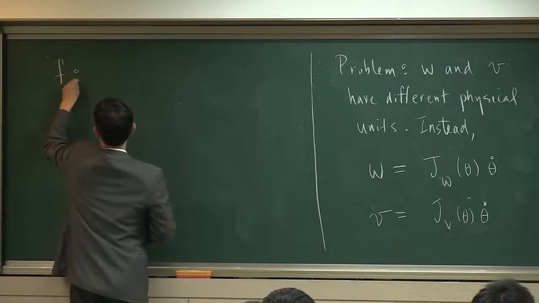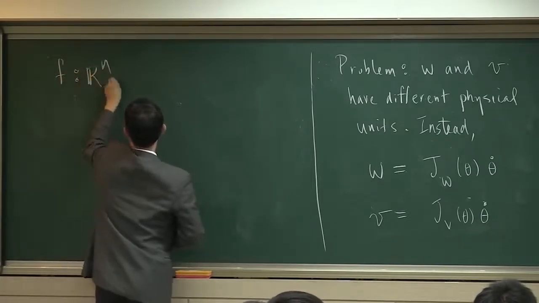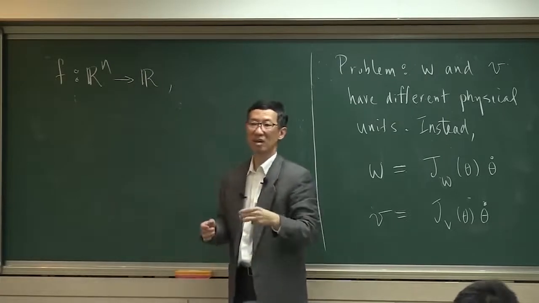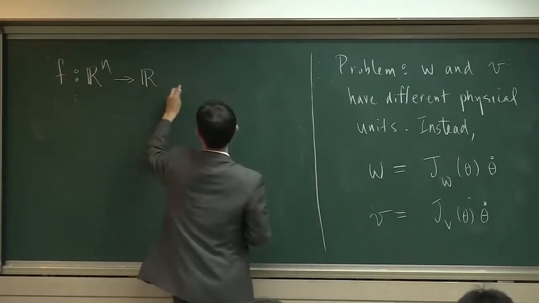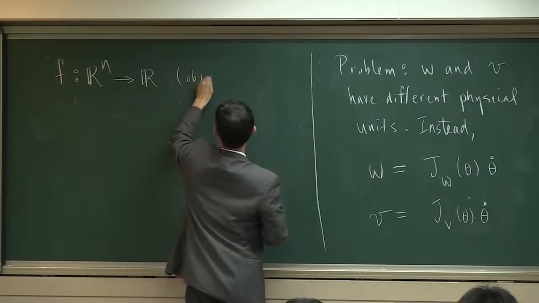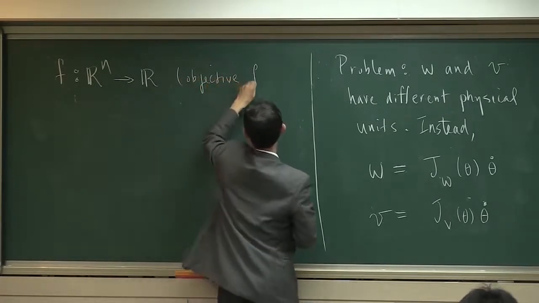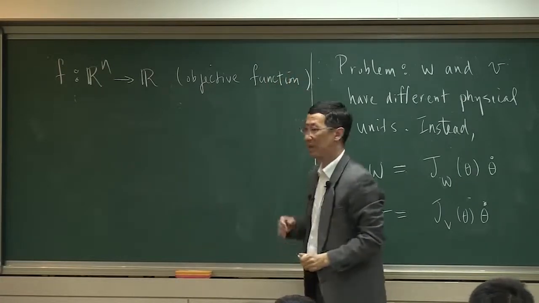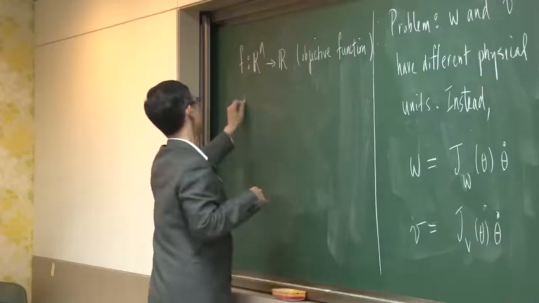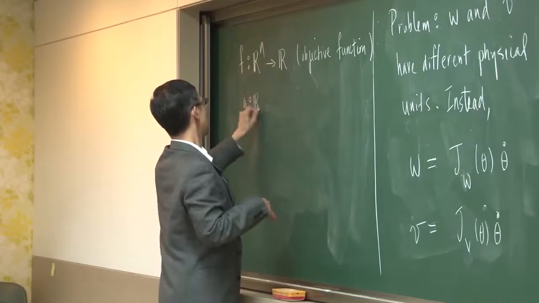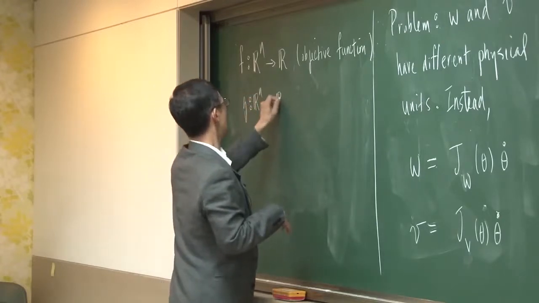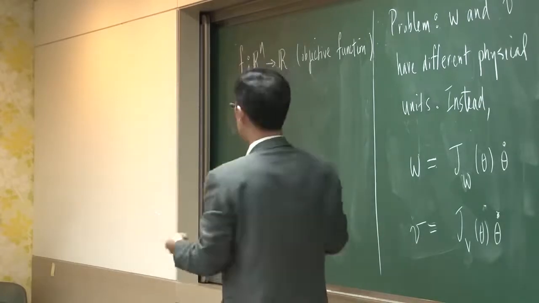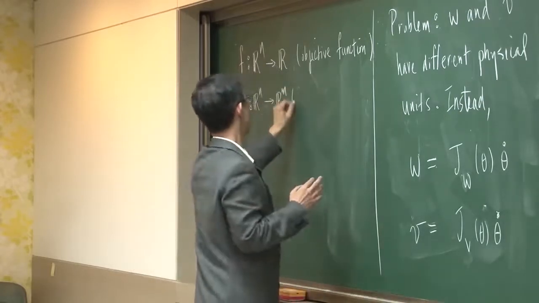So f is a mapping from R^n to R. This is called the objective function. And g is a mapping from R^n to, say, R^m, and typically m is smaller than n.